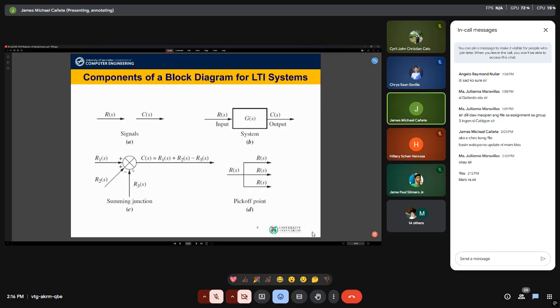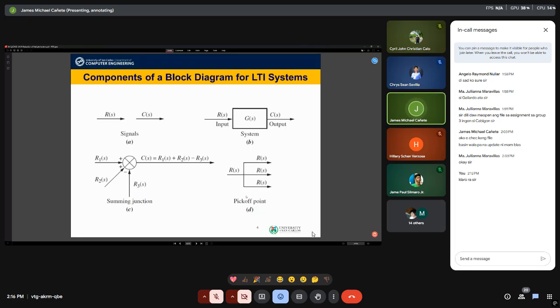And the result of a summing junction is just the algebraic sum of the signals going into the symbol. Directly opposite to it is the pick-off point, where you take one signal and distribute it. So we're not breaking apart a signal composed of multiple components, but a single signal is distributed. It's a copy of the original signal branched off.